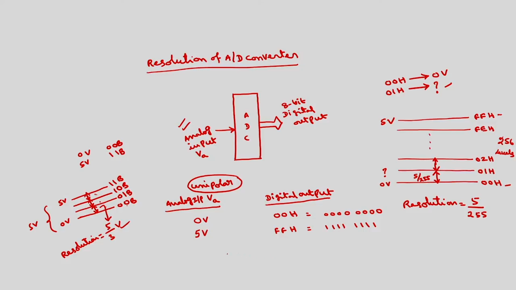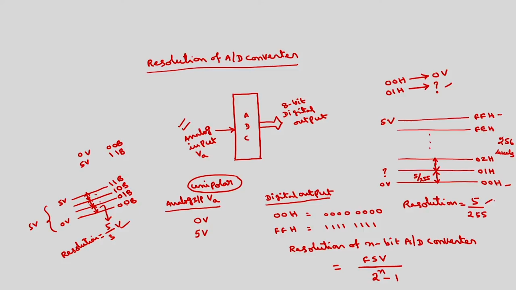So in general, the resolution of an n-bit A to D converter can be represented mathematically as the full scale voltage divided by 2 raised to the power of n minus 1.